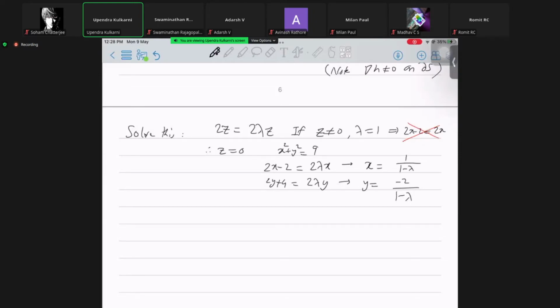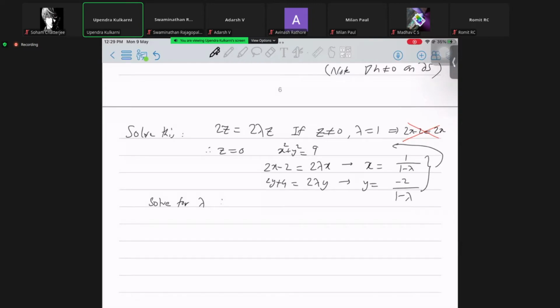Please check. So anyway, I substitute these values into this equation and solve for lambda. Might as well do this.